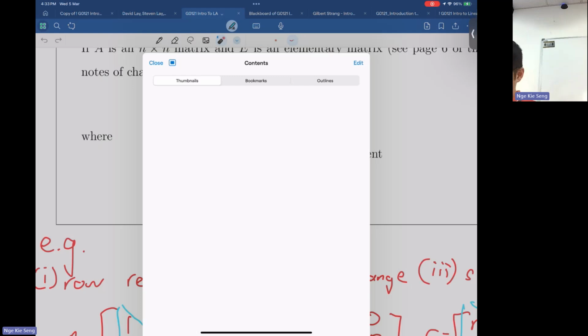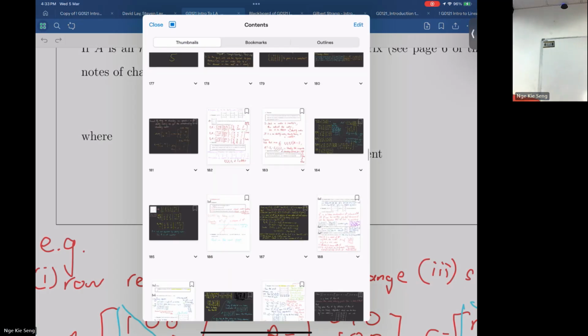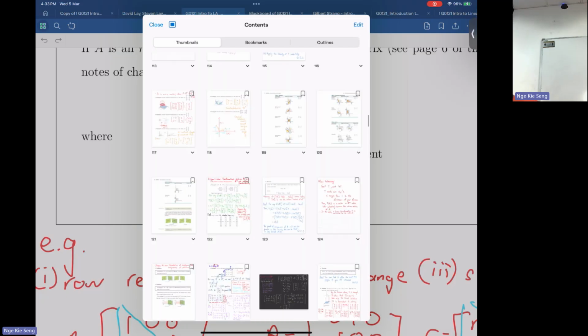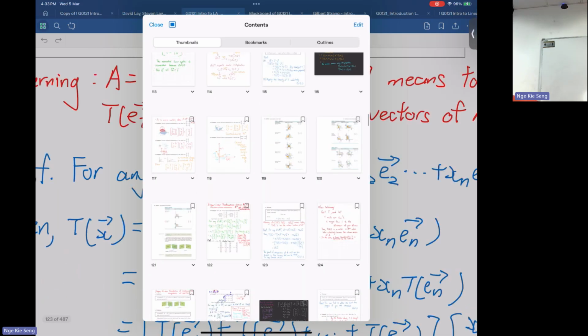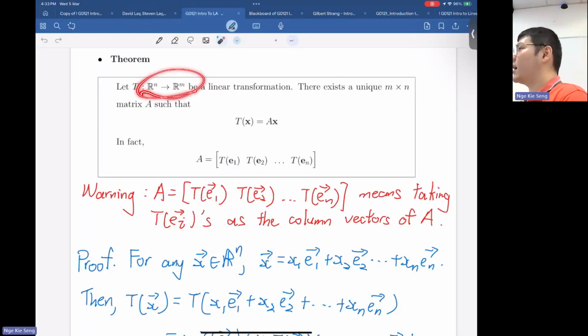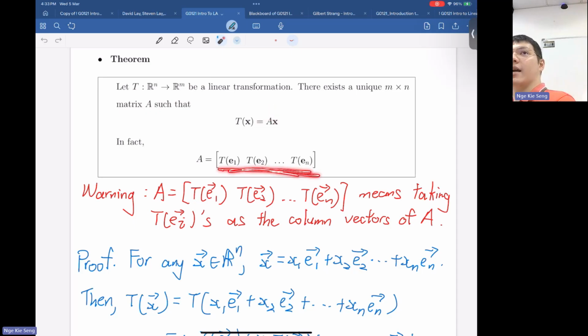Let's go back. Every time you don't know, you must go back and check the notes, don't just rely on thinking. If you have a linear transformation between Rn and Rm, then to figure out your matrix, you just apply it on Ei, check what happened to Ei, and then put their columns together.